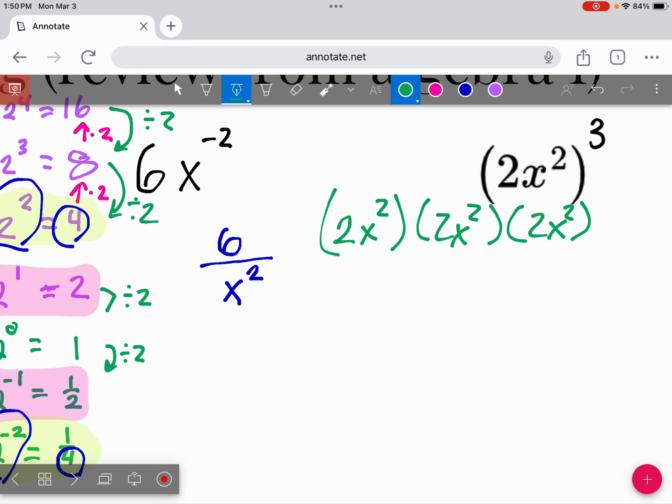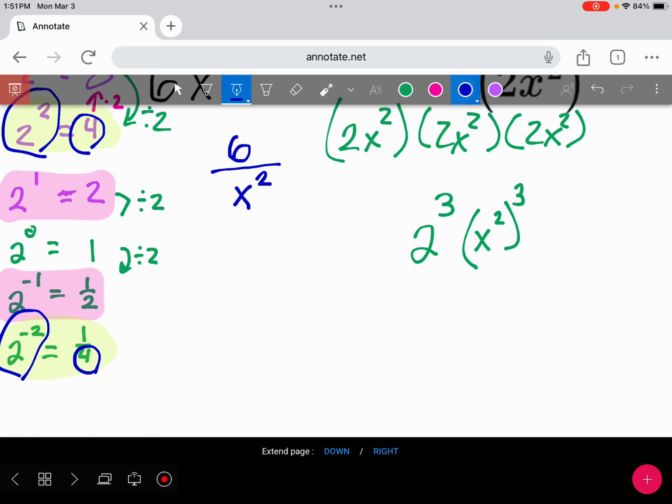So I have 2 times 2 times 2, also known as 2 cubed, and x squared times x squared times x squared, so x squared cubed. The 2 cubed gives us 8, and x to the 2 times 3. What does this simplify down to? 8x to the what? 6. So powers over powers multiply.